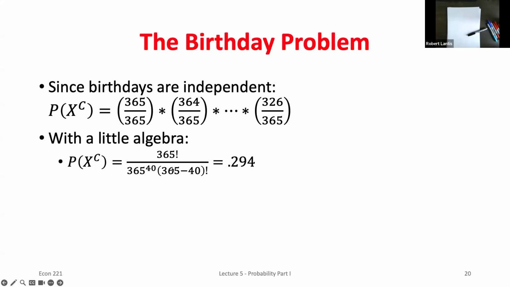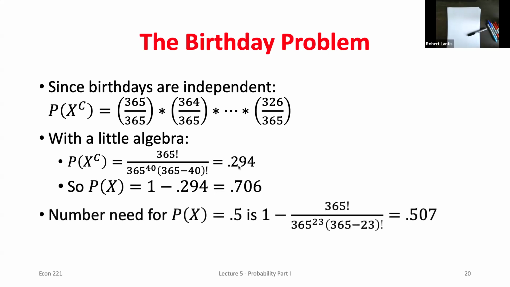But if I were able to compute this, the probability that in a class of 40 people nobody has the same birthday is right around 30%. So the probability that someone does have the same birthday would be 1 minus that. So there's actually a pretty high likelihood that in a room of 40, 2 people have the same birthday. In fact, you can back out what room size you would need in order to get that probability to just break over 0.5.